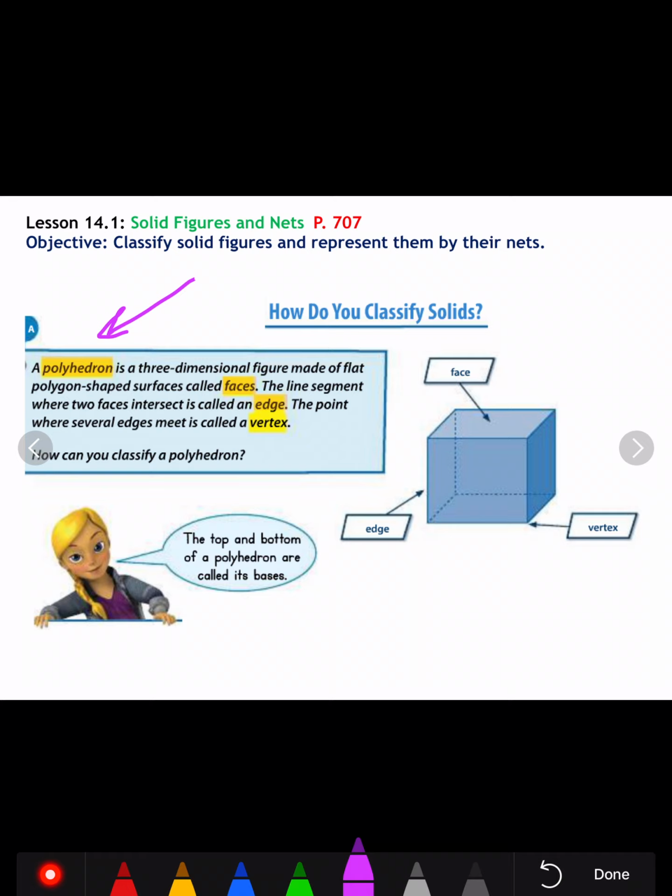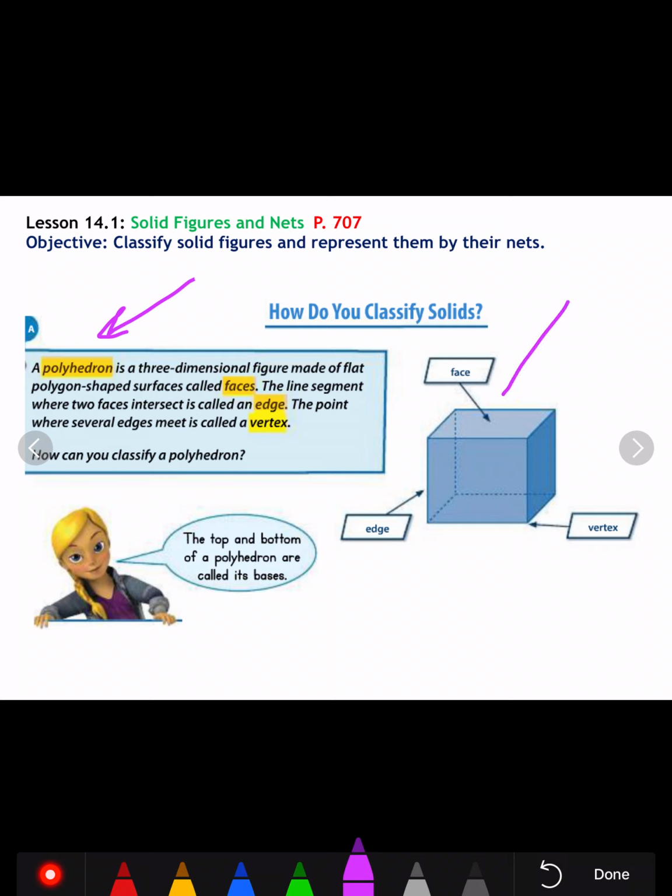As you can see, as I have mentioned here, the polyhedron has faces that are flat, not curved like in the cone or the cylinder, for example, but flat, polygon-shaped.